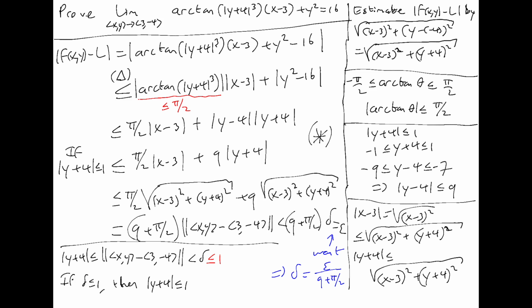So just as before, we should pick our delta to be the minimum of those two things. So the minimum of epsilon over 9 plus pi over 2 and 1. So this concludes step 1.